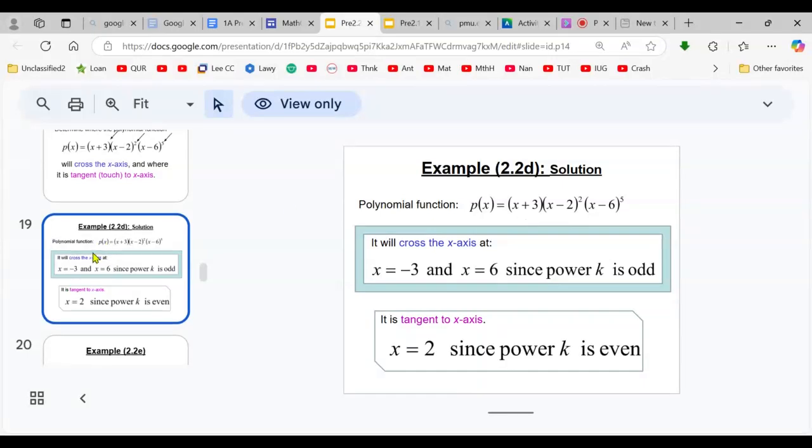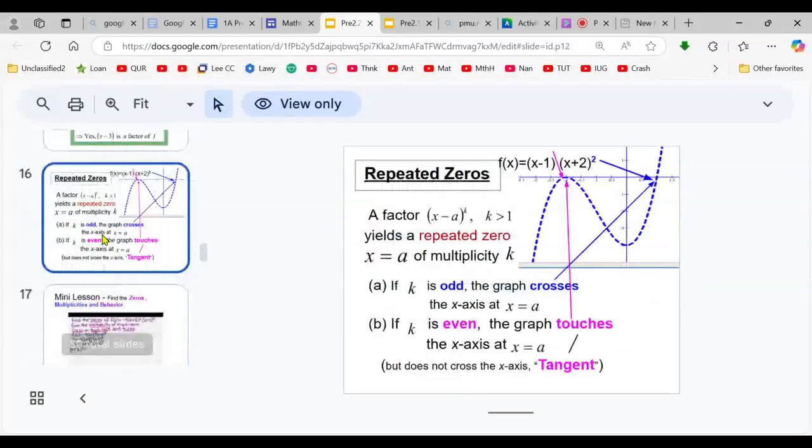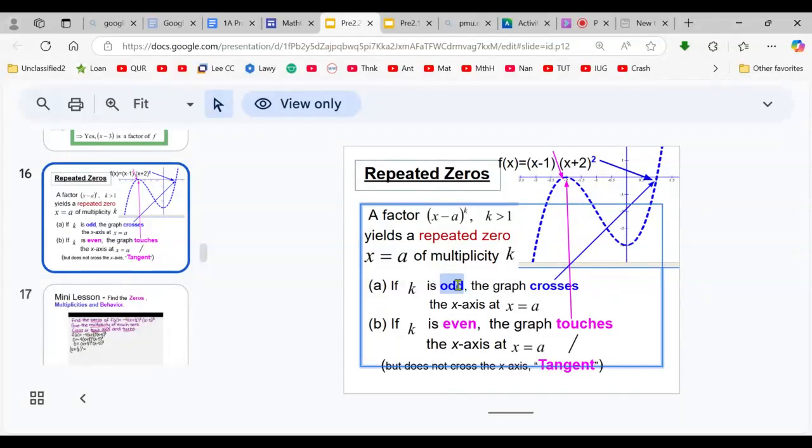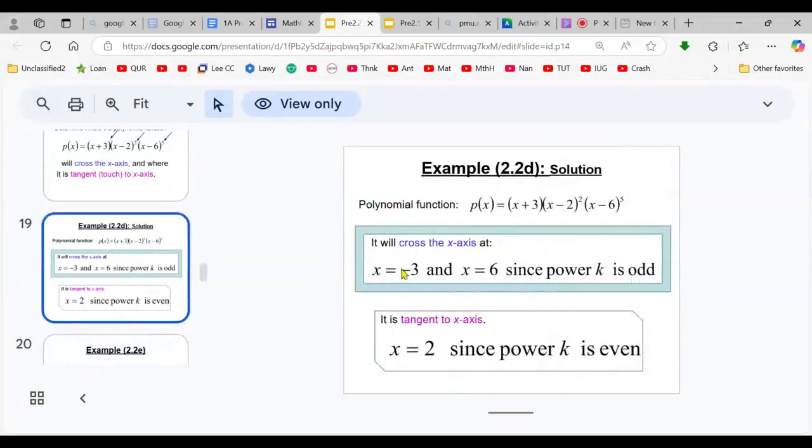Why will it cross the x-axis at -3? Because the power is odd. So what value will it cross at? -3. Where did I get -3? From the factor x plus 3 equals 0, so x equals -3.